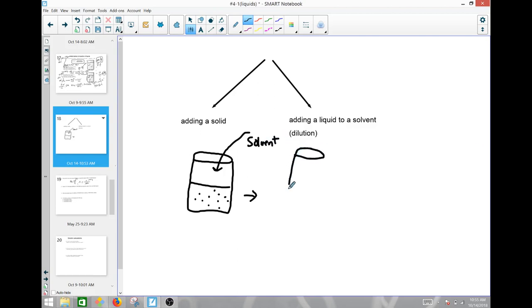Okay, so here's my new beaker after I've added this stuff. Now I have more solvent, but there's still the same 1, 2, 3, 4, 5, 6, 7, 8, 9, 10. And you should know that this has a bigger area, so it's less concentrated.